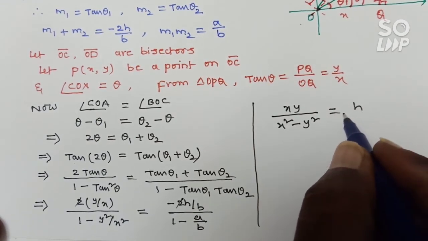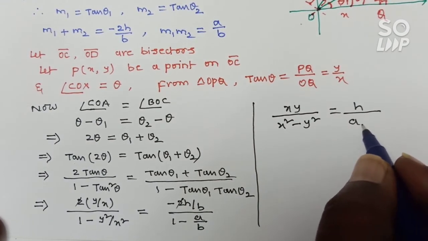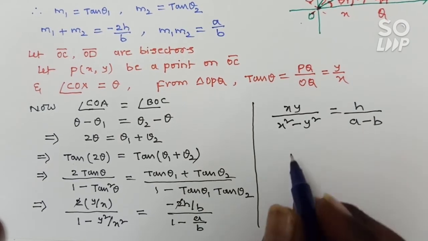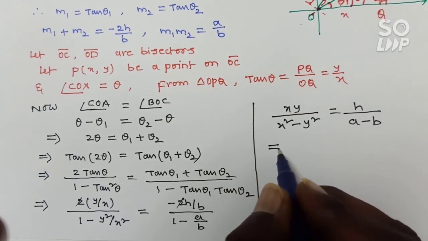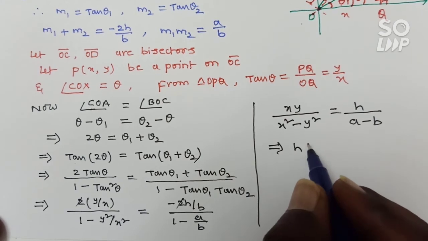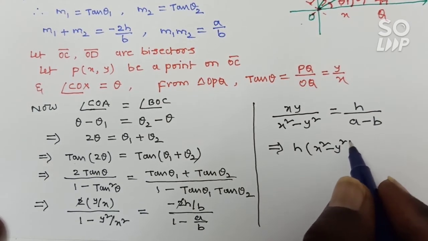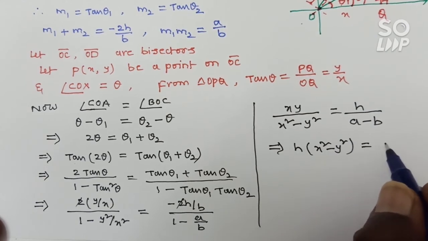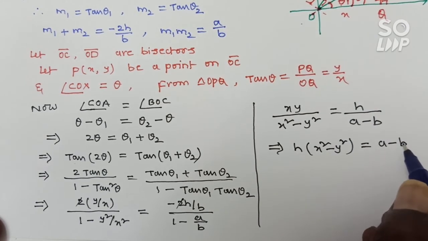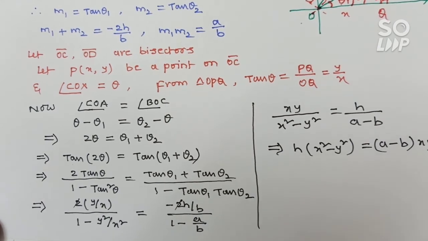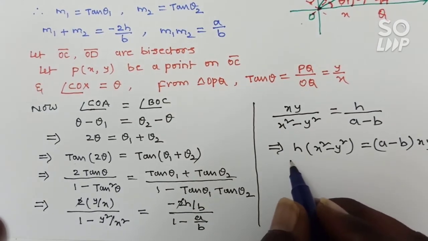So that means h by a minus b. Now you cross multiply, this one will get h into x square minus y square is equal to a minus b into xy. This is the required result.